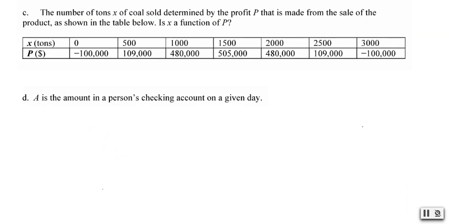We definitely have the x values only stated one time, and each of those has exactly one y. So because every number of tons has exactly one amount for profit, we know that it's a function. Yes, it is a function.